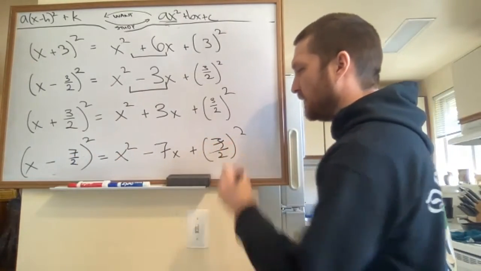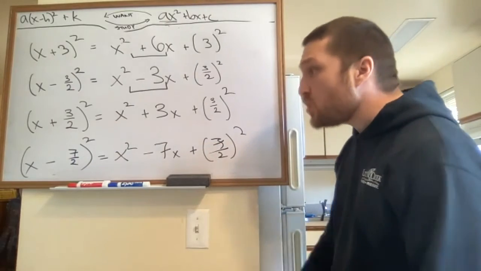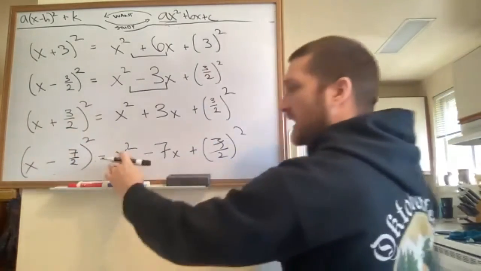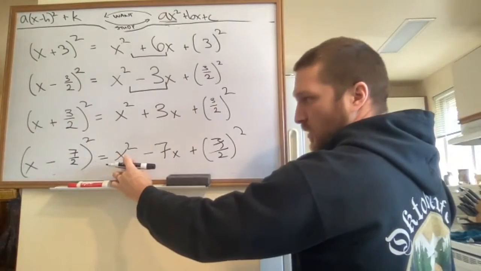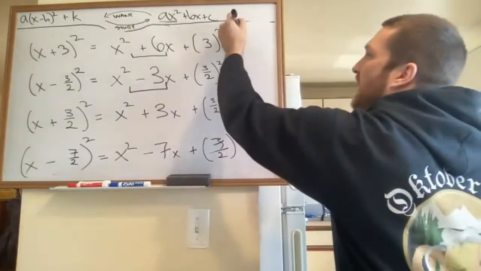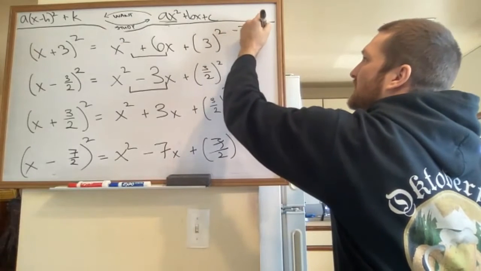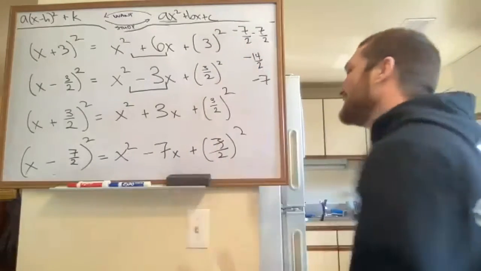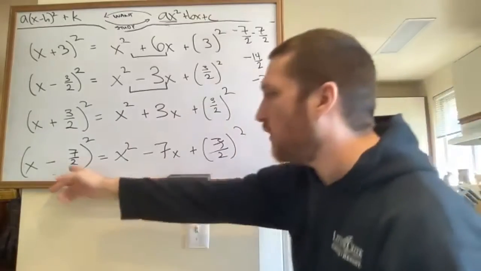Boom, 7/2. And if you want, you could go and check that. First, outer, inner, last. When I do the first, I get an x times an x, x squared. Outer gives me -7/2. Inner gives me -7/2. -7/2 minus 7/2 is -14/2 or -7. Or I could just say, well, I know how to do this.